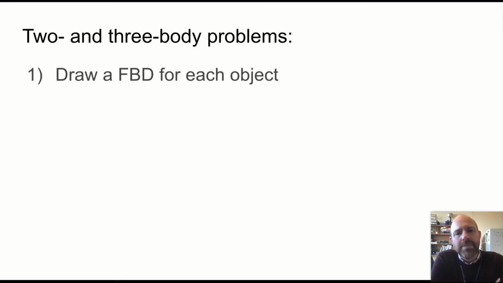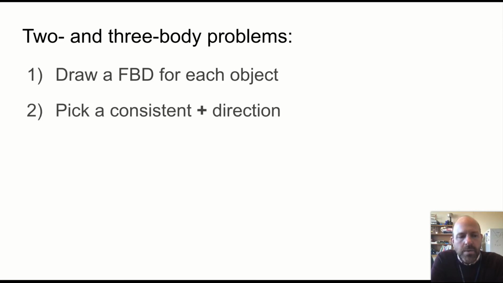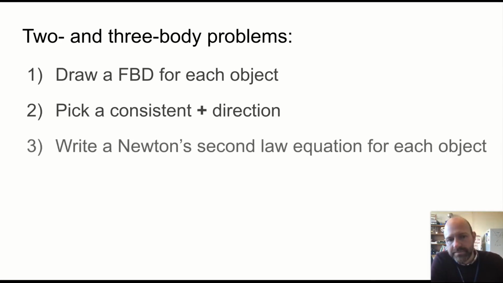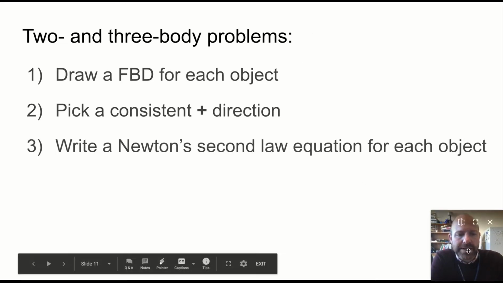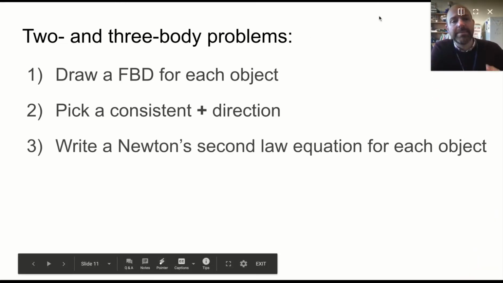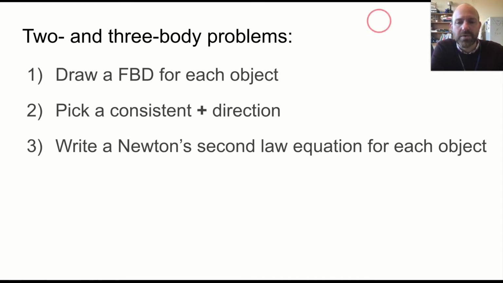If we have multi-body problems, you still need to draw the free body diagram, or extended free body diagram if it's something that could rotate, for each object. We want to pick a consistent positive direction. You could always call counterclockwise and all the corresponding linear motion positive, or you can pick the direction of motion as positive. We write out Newton's second law for each of these objects. Some may be translational, some may be rotational.